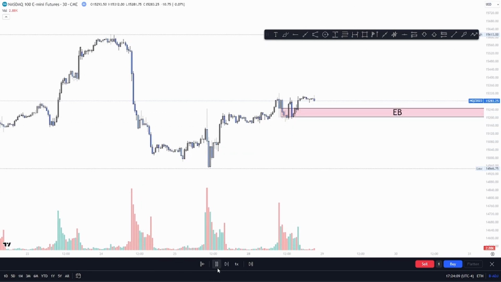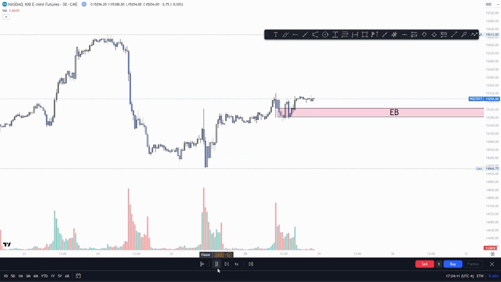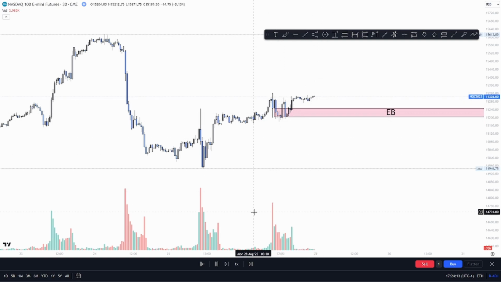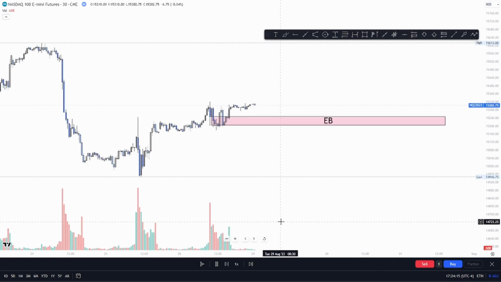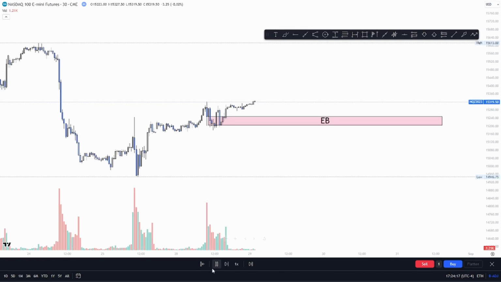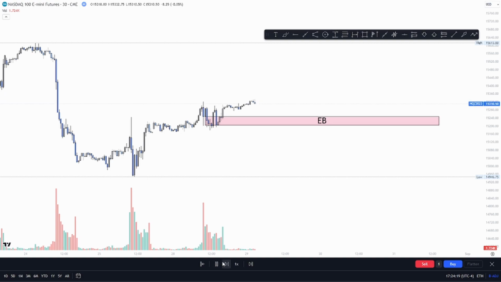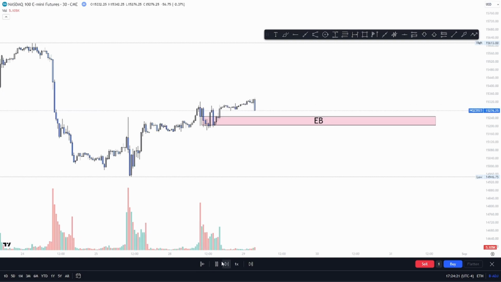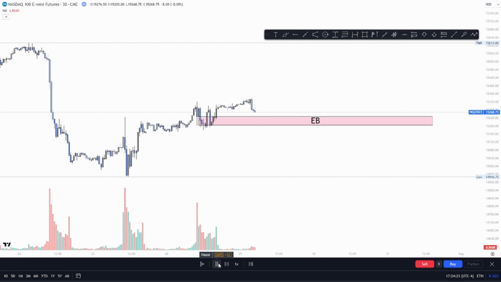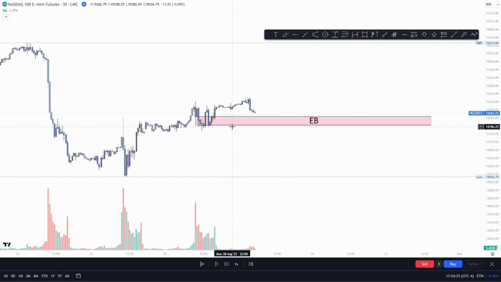So as we see here on a 30-minute time frame, you're going to see we get that retracement back down. And they don't always have to be tested. There's many times that you won't see them be tested. But just understand, if price does come back there with not too aggressive price action, very likely the equilibrium block will hold up.